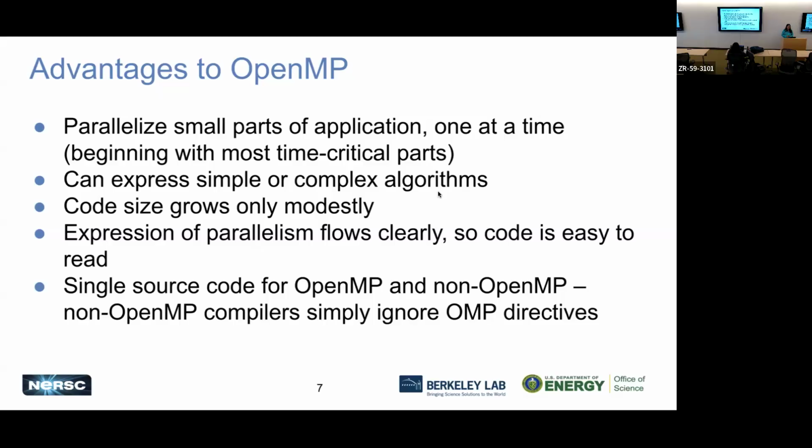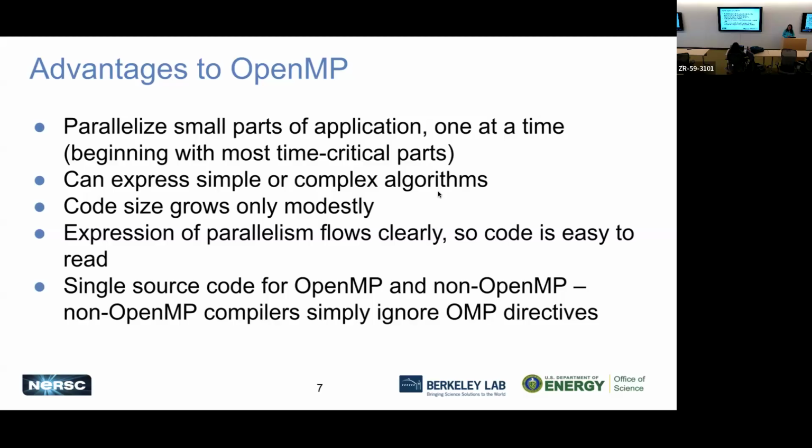The way to do that is to add lots of so-called compiler directives, and a compiler can choose to ignore them and treat the code as sequential code, or you add special compiler flags so that these directives will be recognized by the compiler, which then uses multiple threads to parallelize the code.